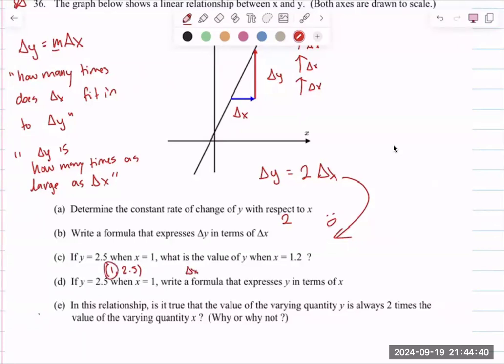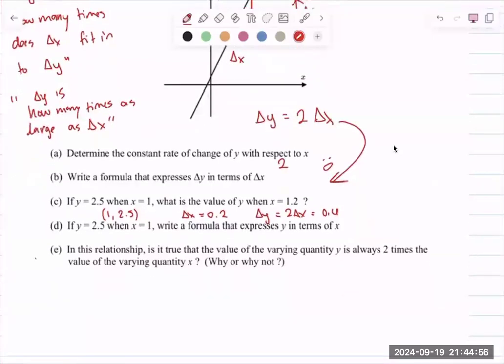We go from 1 to 1.2, so our change in x is 0.2. Then our change in y is just twice that, or 0.4. So 2 times delta x is 0.4. And then our y value is our initial, 2.5 plus 0.4. It's just 2.9.